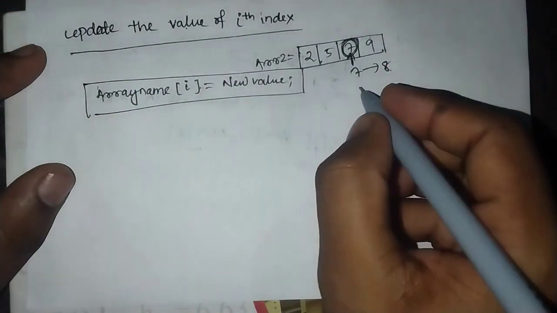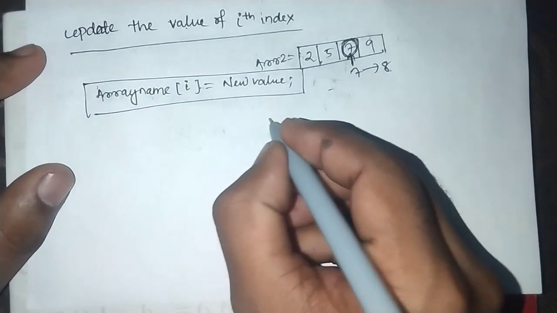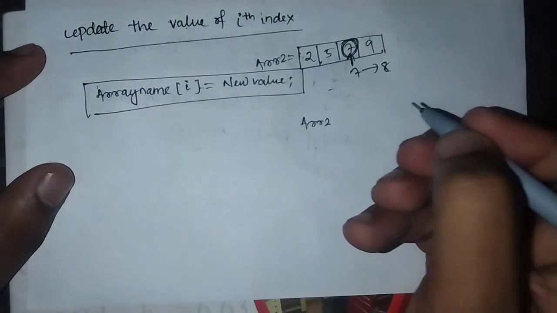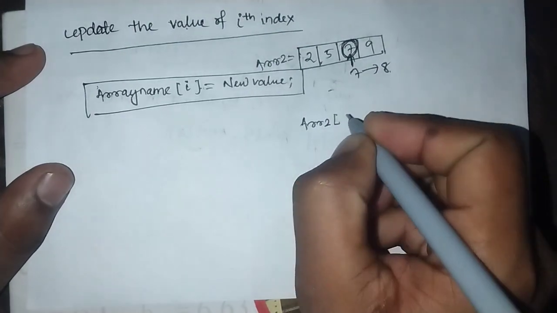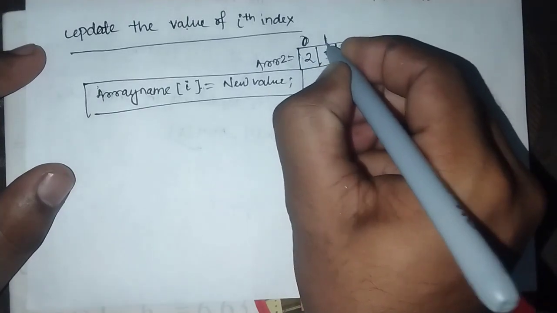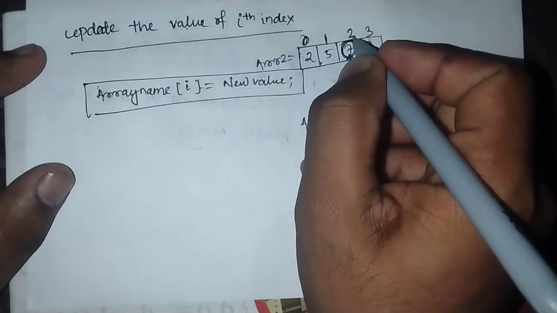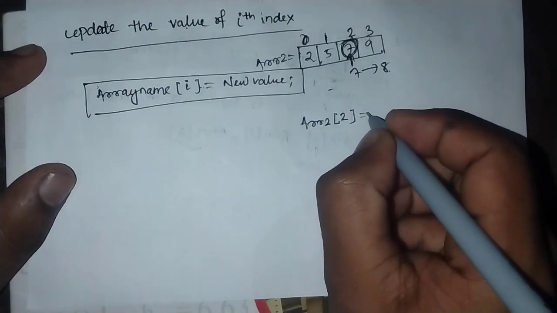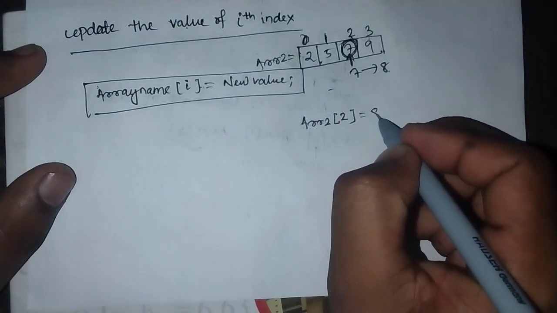For this condition, the array name is arr2, and we want to change this position's value. This is the 0th index, this is first, this is second, this is third. We want to change the second index, and update this value with 8.